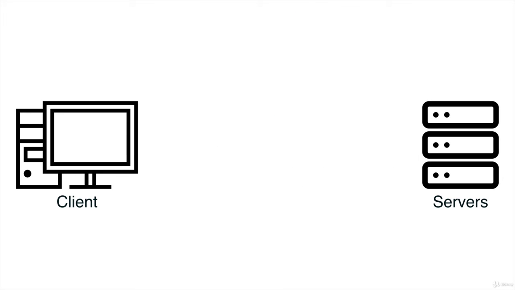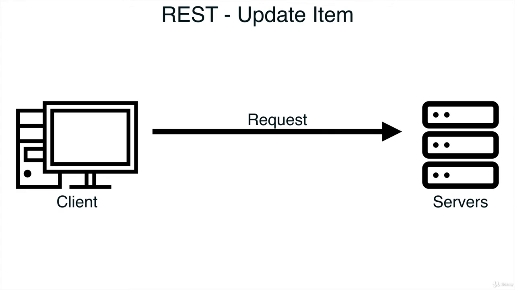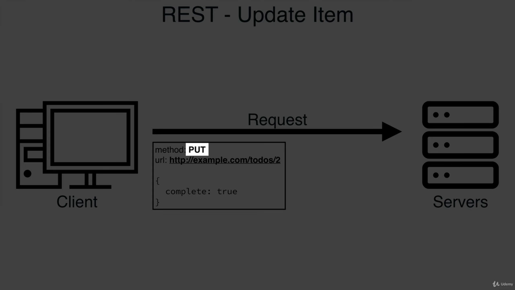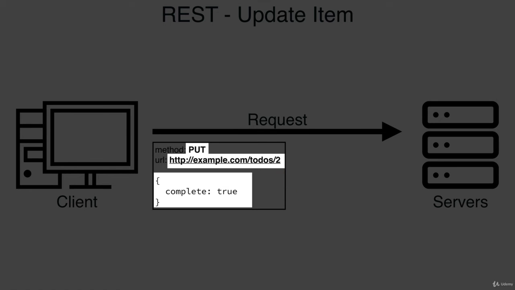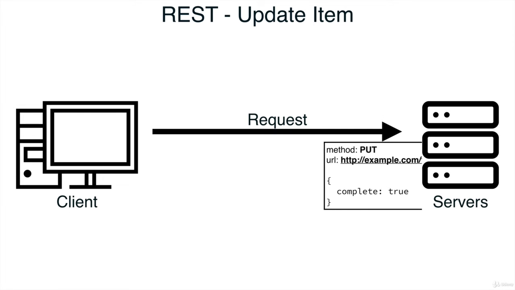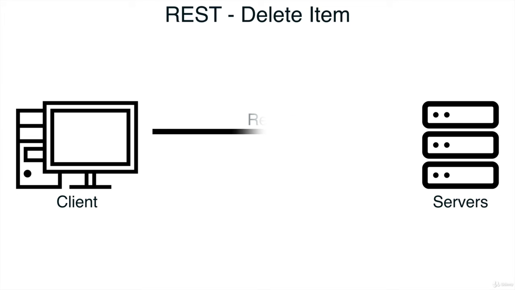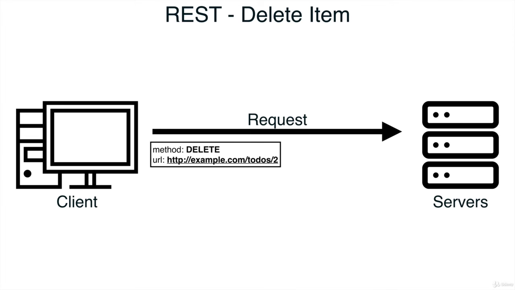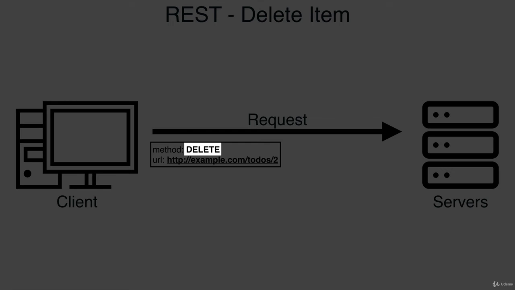If we needed to update a to-do item, we'd typically perform an HTTP PUT request to this to-do resource endpoint, except we'd tweak the endpoint, adding the unique to-do item ID that we're wanting updated onto the end of the URL, and of course we'd pass along any data that we wanted updated for this particular to-do item. If we needed to delete a to-do item, we'd typically perform an HTTP DELETE request to this detailed to-do resource endpoint.